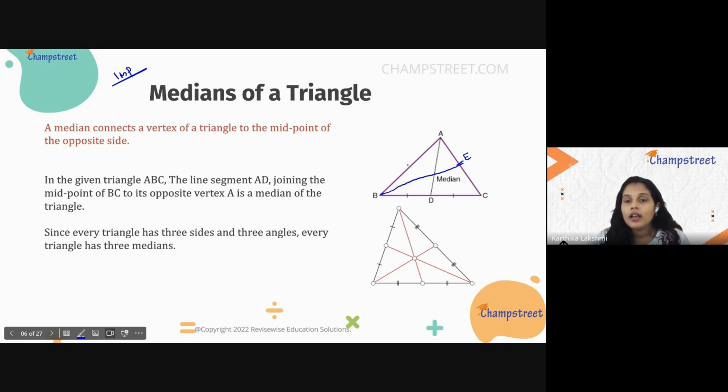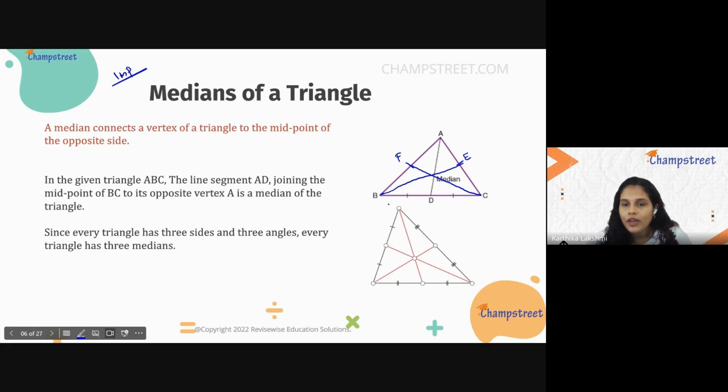And this is the midpoint of AB, I'm writing it as F. When I connect CF, then CF is also a median. So in the given triangle ABC, the line segment AD joining the midpoint of BC to its opposite vertex A is the median of the triangle. Since every triangle has three sides and three angles, every triangle has three medians.